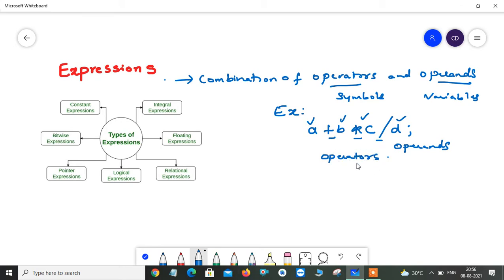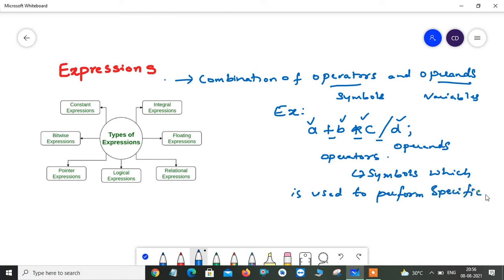Operators are nothing but the symbols which are used to perform specific operations. For example, here plus, multiplication, division are the arithmetic operators.